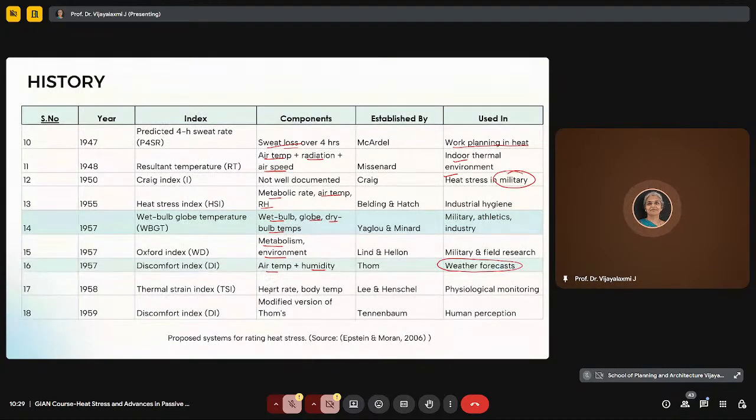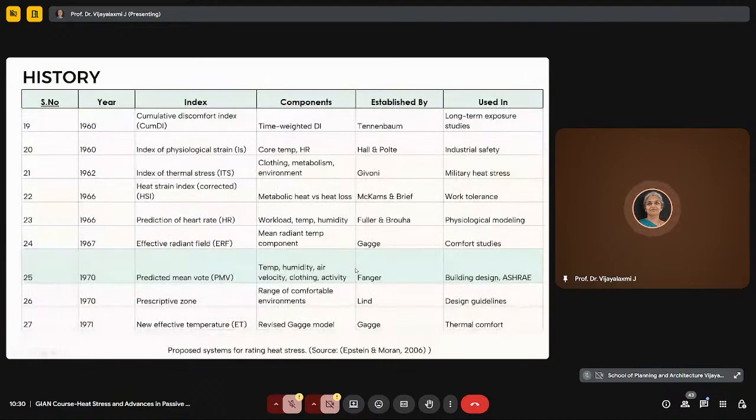For weather forecast means say, okay, temperature is 32 but feels like 46 and will be a very warm day. Thermal strain index combines heart rate with body temperature. So this is more for physiological monitoring. Then we have the discomfort index, which is a modified version of Thom's, and then this is more for human perception, not in terms of actual numbers.